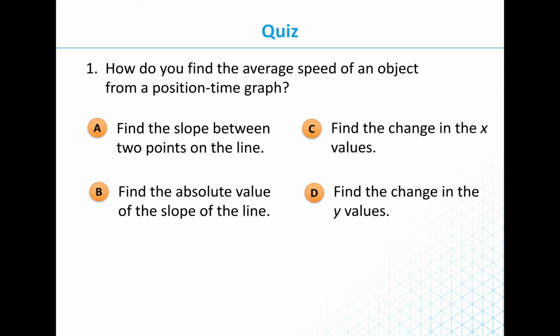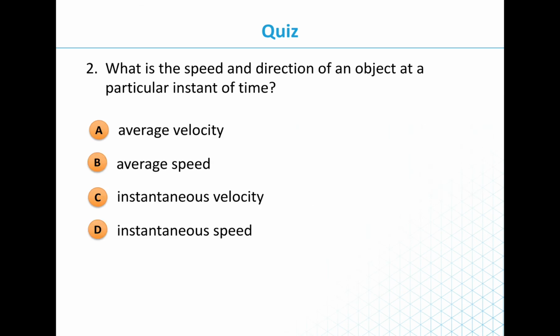Here we have some questions about this lesson. How do you find the average speed of an object from a position time graph? Here we have 4 answers. You should choose the correct one. Number 2, what's the speed and direction of an object at a particular instant of time?